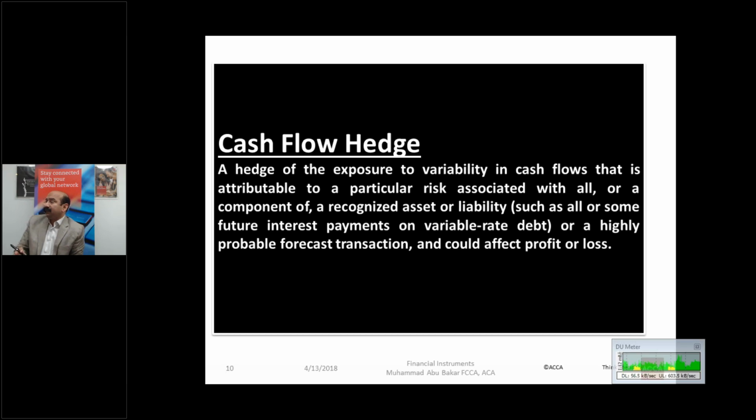See, cash flow hedge is basically about your variable items. For example, you issued some bonds with a coupon rate of LIBOR 12 months plus 0.5%. So your commitment is to pay interest at a floating rate, at a variable rate.